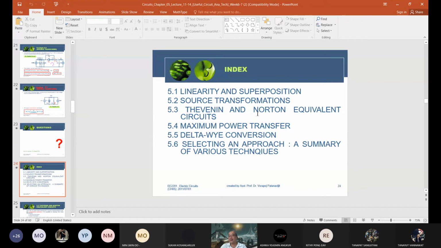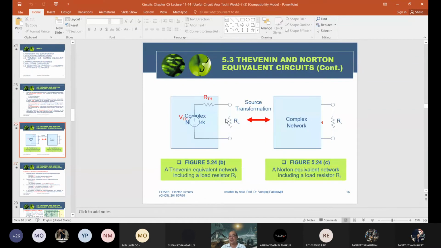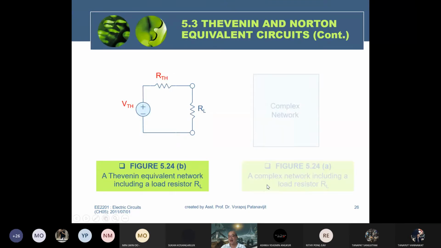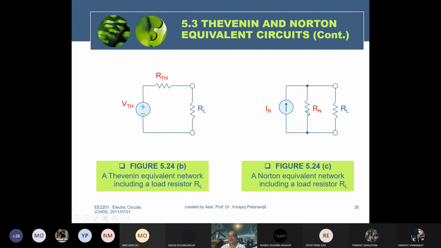Next one is about the Thevenin equivalent circuit. The Thevenin equivalent circuit states that any complex network can be simplified by using a single voltage source in series with a resistor. And the Norton equivalent says the complex network can be replaced by a current source in parallel with a resistor.